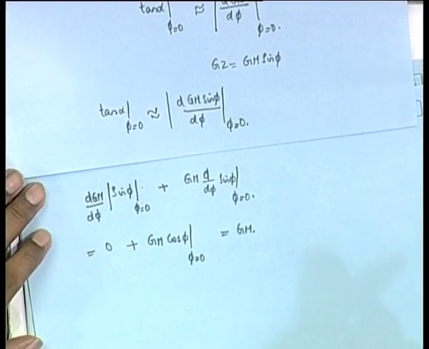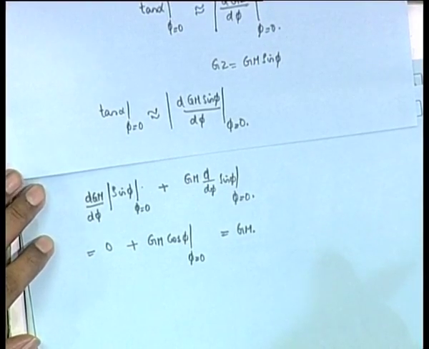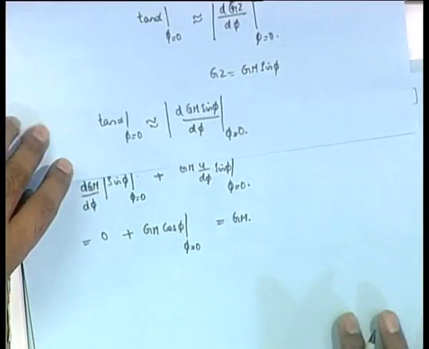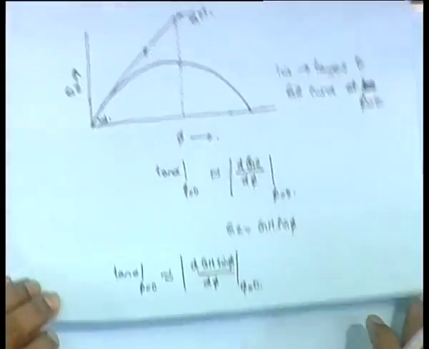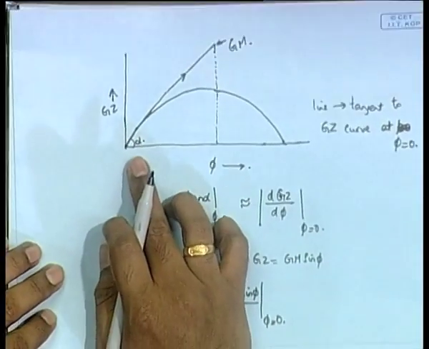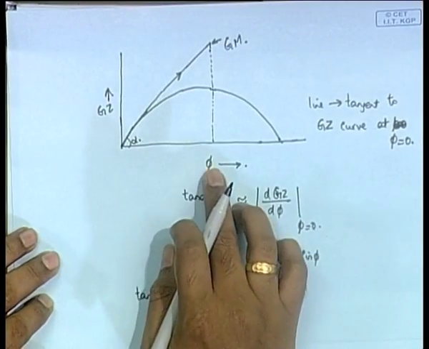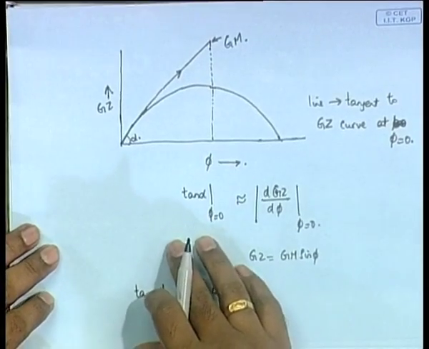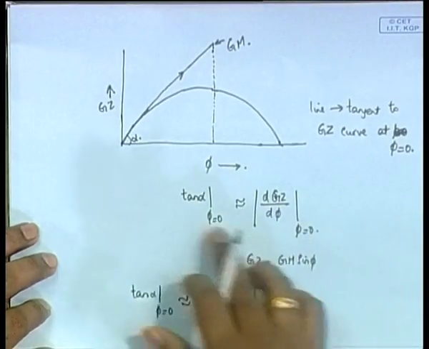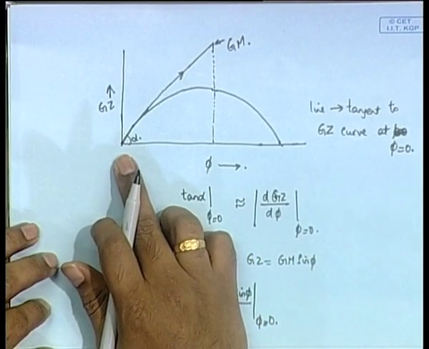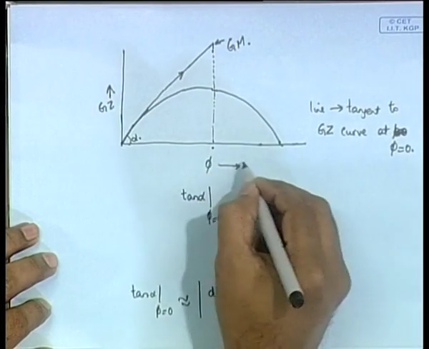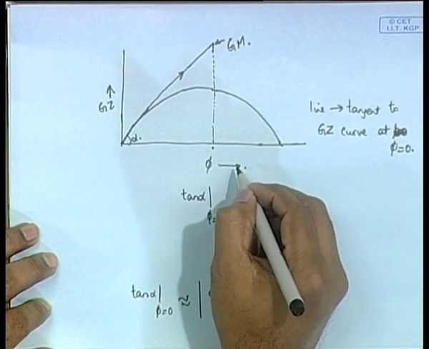Now, what are we seeing, what does this mean? What it says is that tan alpha at this point is equal to gm, that is what we have derived from our series of reasonings. So, now what you can do is, let us take a region of, now you have here phi we are going to represent in radians.